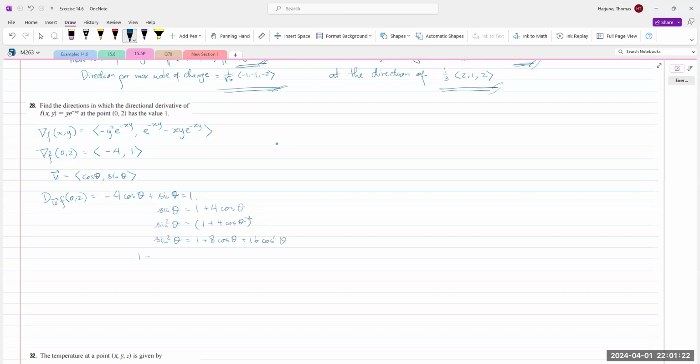Now this is 1 minus cosine squared theta, right? So the 1 can cancel. So 0 equals 17 cosine squared theta plus 8 cosine theta. Okay, I can factor out the cosine theta.